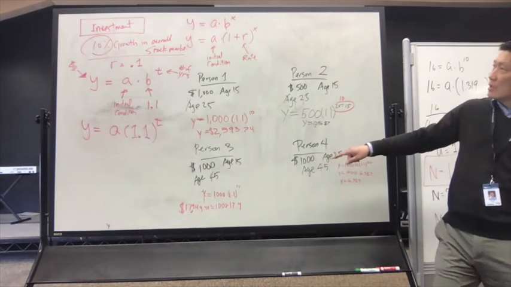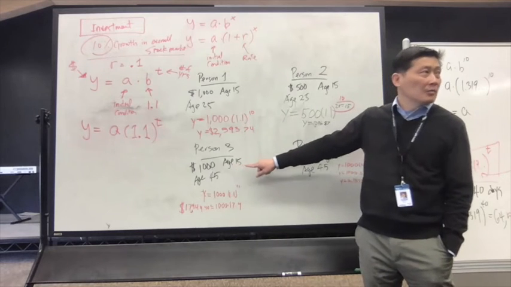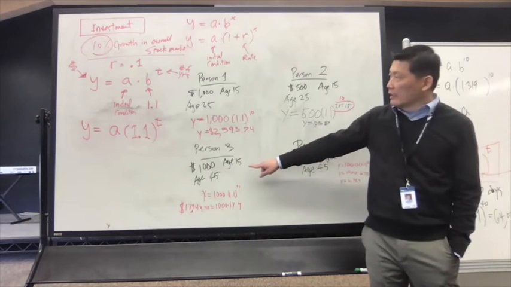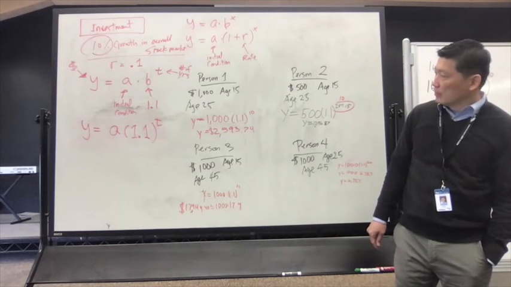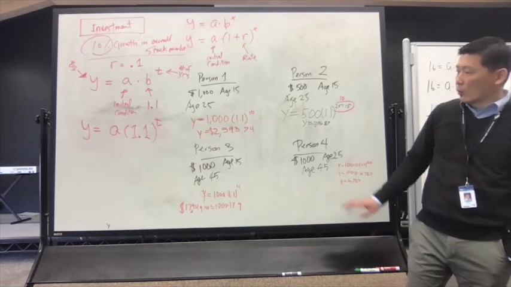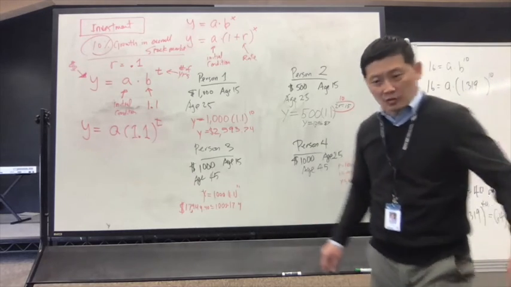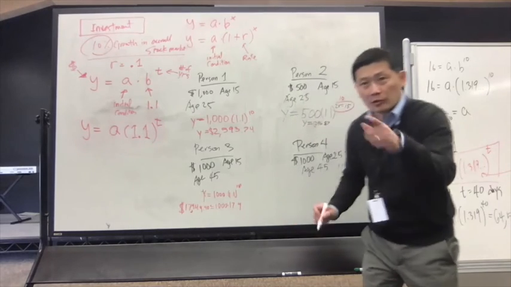Person three, same amount of money, same time to start, but increase the length by how much? By an additional 20 years. So waiting for 30 years.